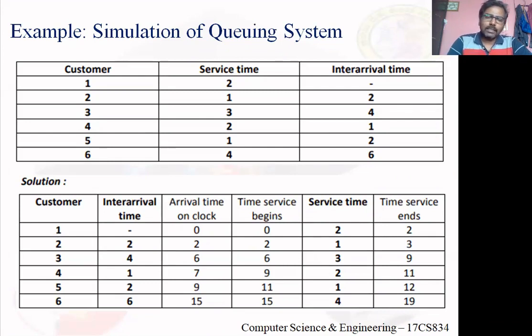See here, listen. So in this solution table, listen cautiously. In this table, what I'm going to construct through the inputs, I just want to track when each of the 6 customers will arrive to the queuing system.